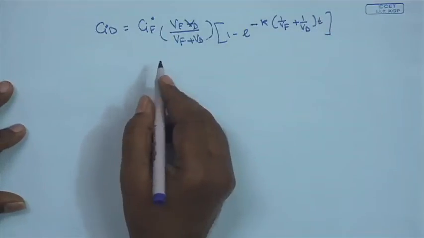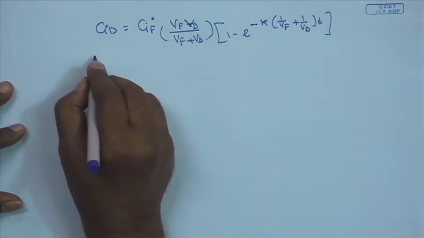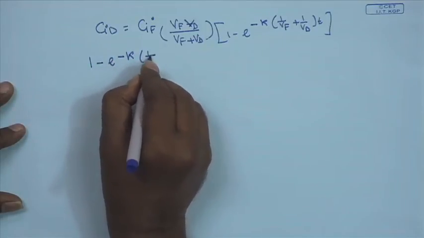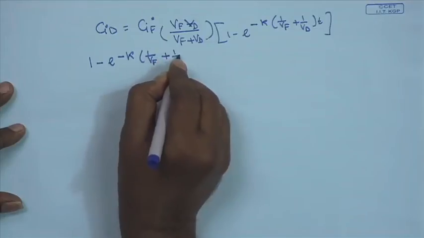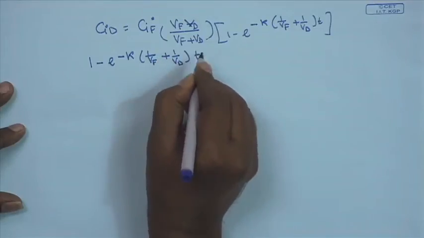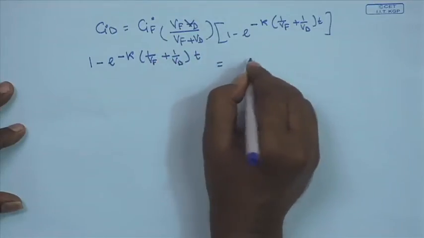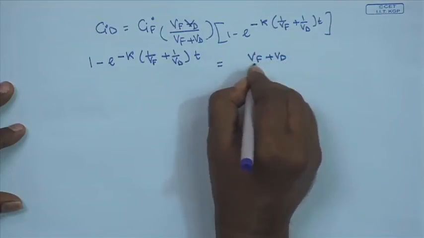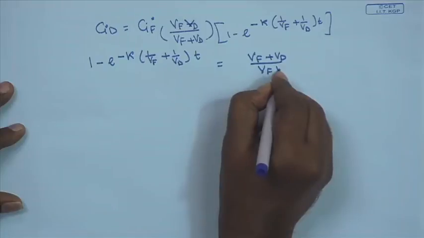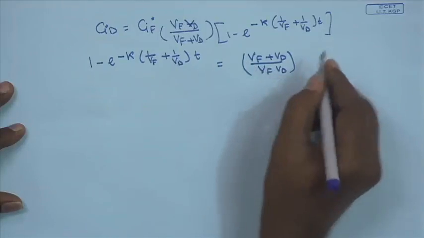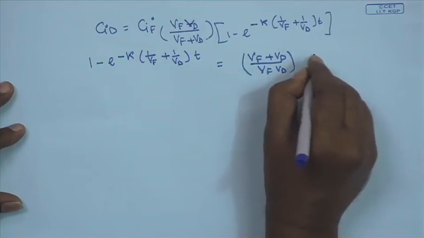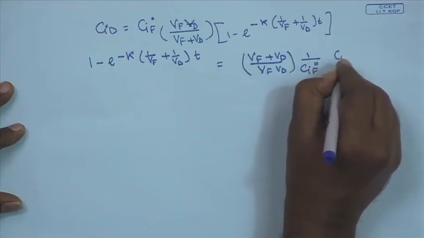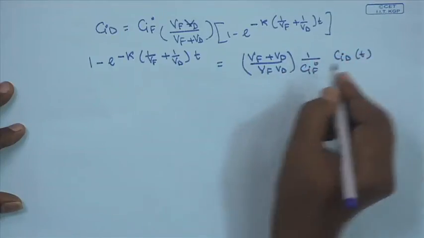So we can rearrange it. This becomes 1 − e^(−k(1/Vf + 1/Vd)t) equal to (Vf + Vd)/(VfVd) times 1/CIf0 times CId as a function of time.